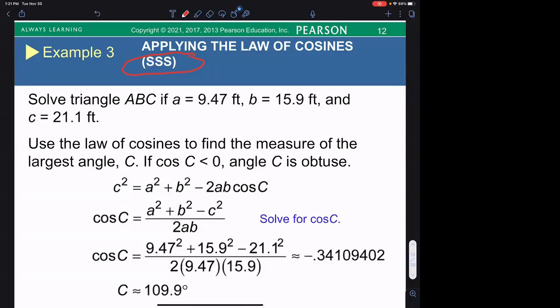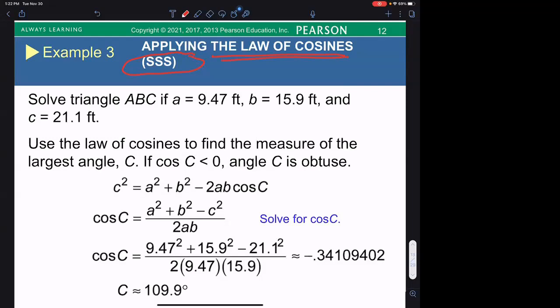I won't be able to get 3 out of the 4. When I set up 2 fractions, I'll only know 2 of the 4 things, and I won't be able to solve. So this is sort of the idea of why we have to use the law of cosines in this situation as well.